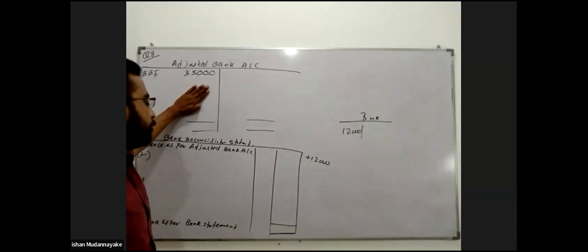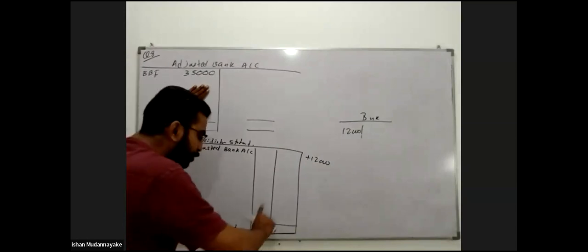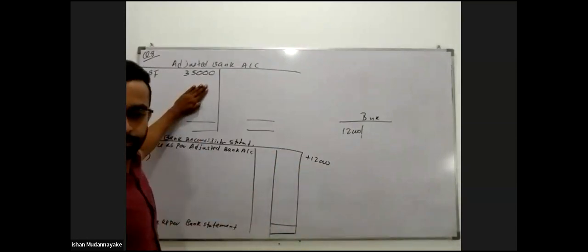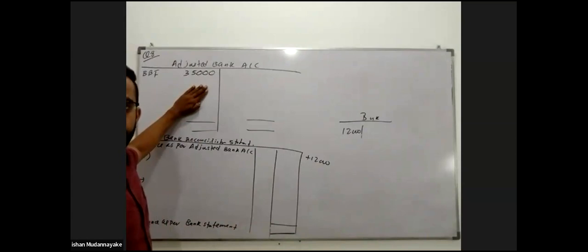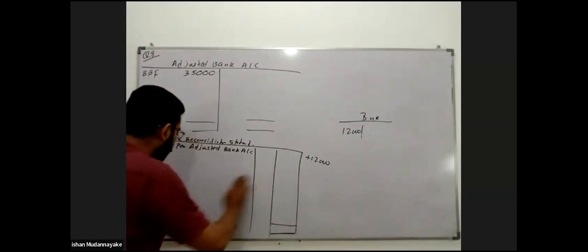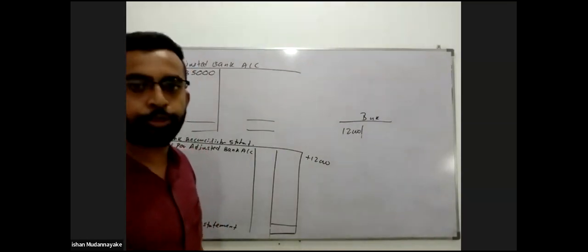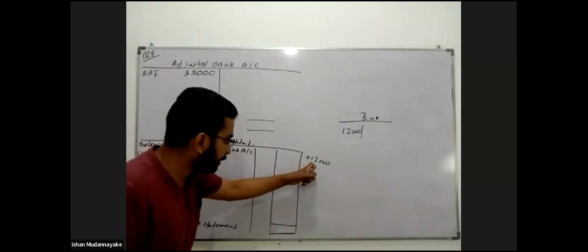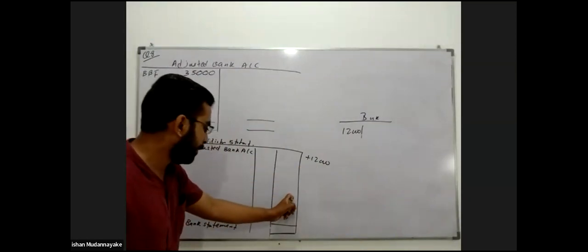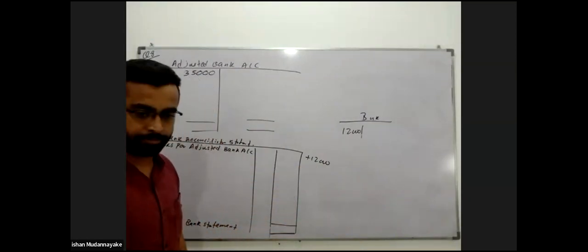You have debited 12,000 check, but bank has not credited. Unrealized check. You have added, then you need to deduct. If I deduct this 12,000 from my balance, it will be equal to bank statement balance.